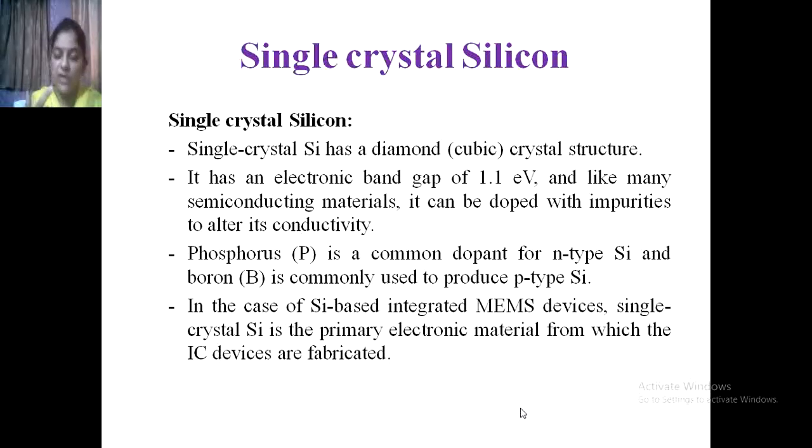After applying the external supply, electrons from the valence band cross that 1.1 electron volt gap and jump into the conduction band, and the conduction will start. Many semiconductor materials can be doped with impurities to alter their conductivity.